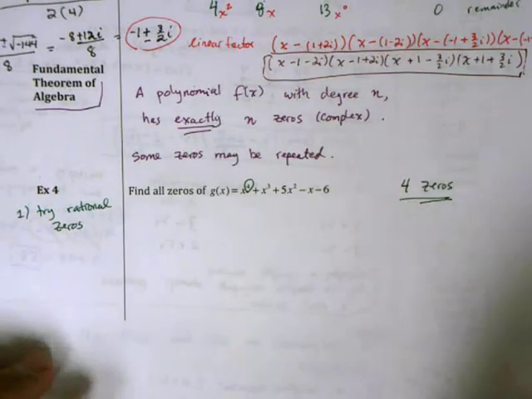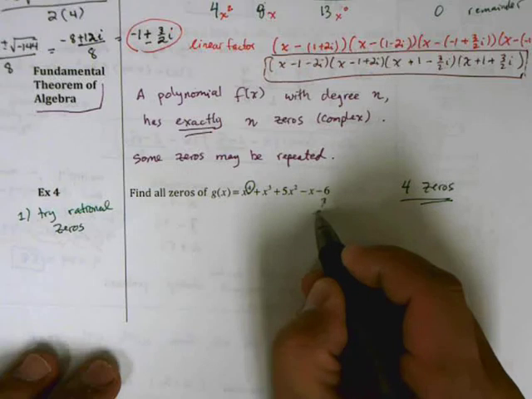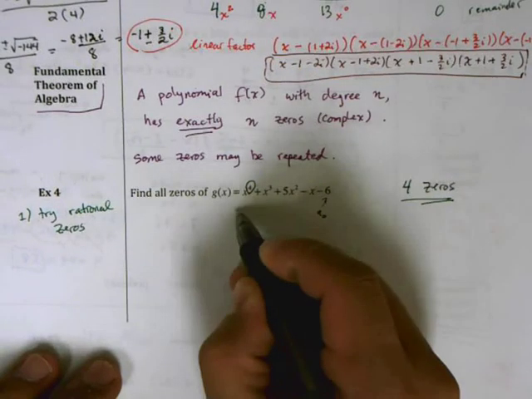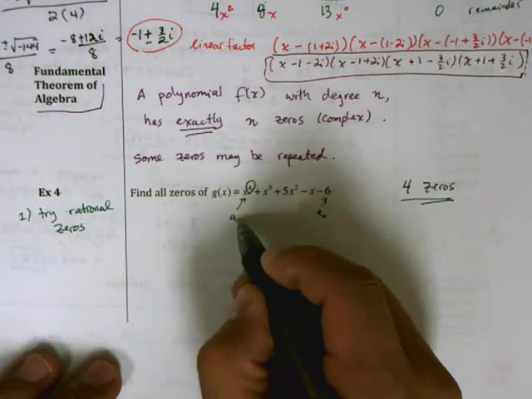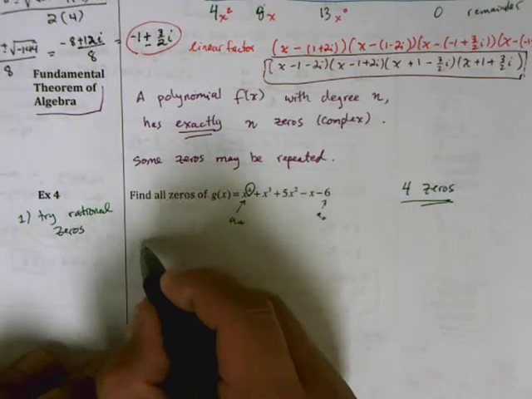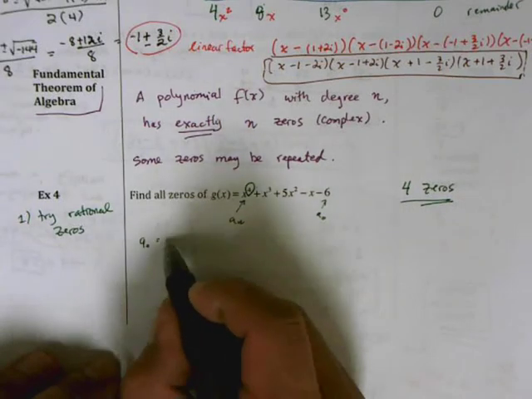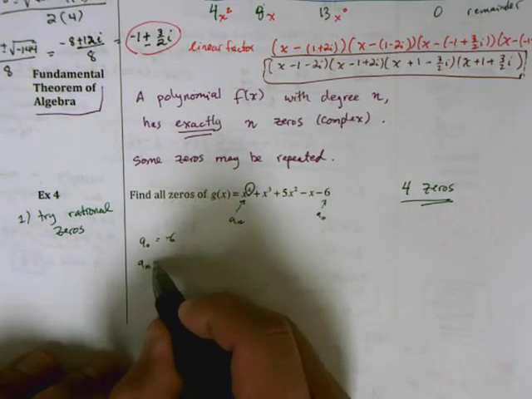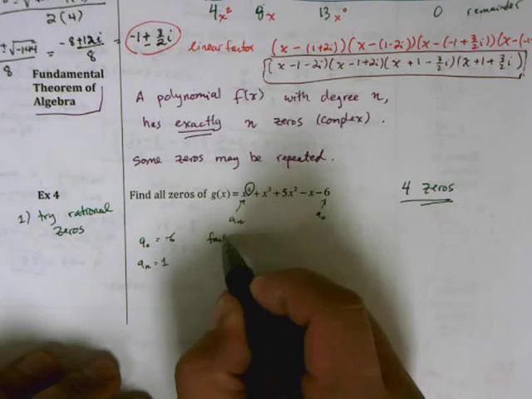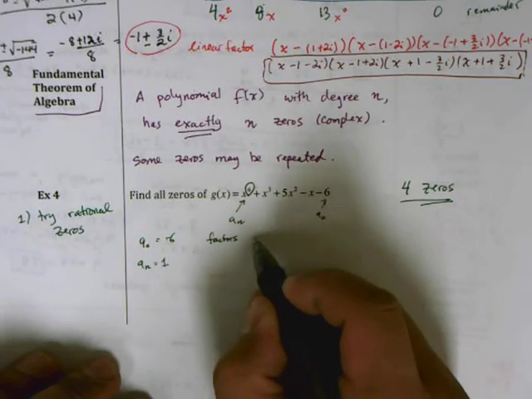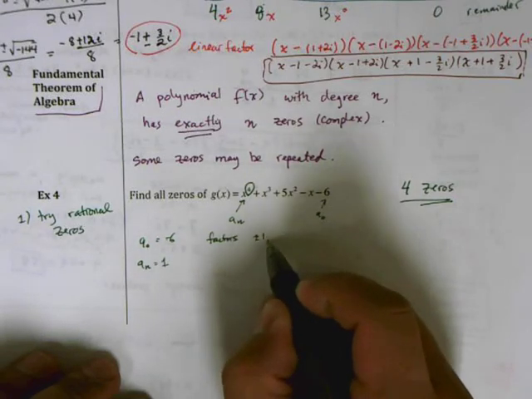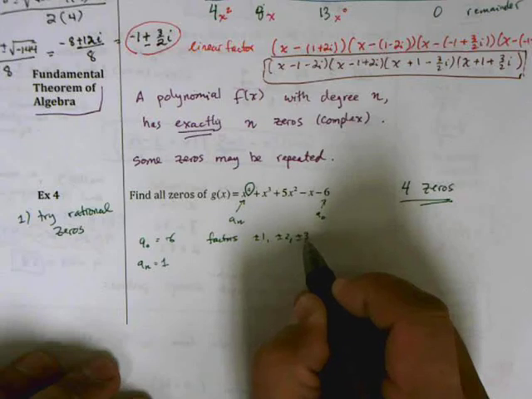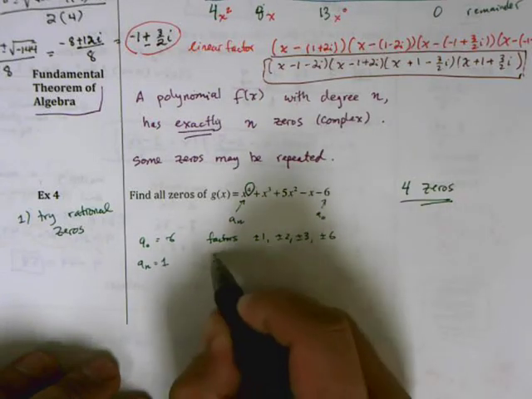To do that, we're going to make a list. Remember the rational zero theorem. This is a sub 0, or the constant, and this is a sub n, or the leading coefficient. So a sub 0 is -6, and a sub n is 1. The factors of -6 are plus or minus 1, plus or minus 2, plus or minus 3, plus or minus 6.